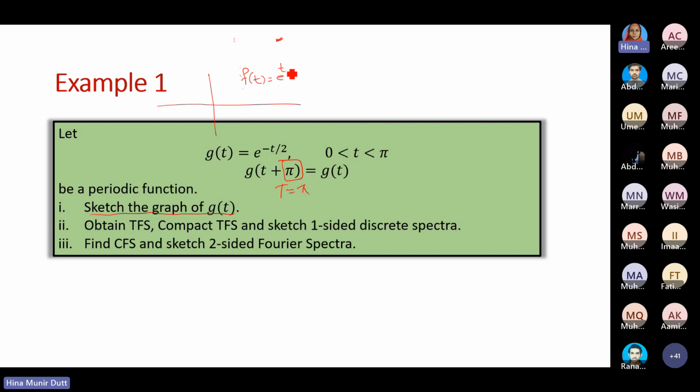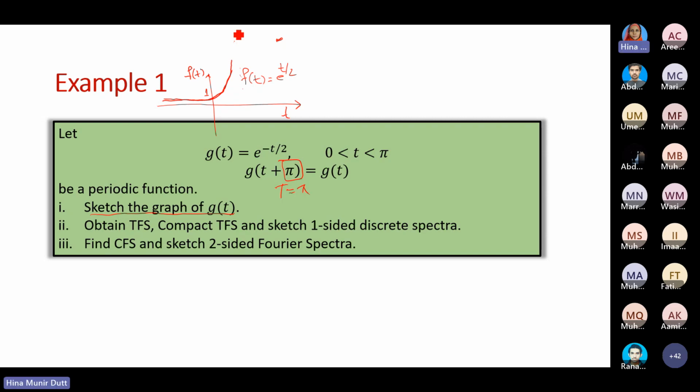If I draw simply an exponential function with this positive argument, this is my exponential function. It crosses the y-axis at this point. So this is f of t, and this is t. This is the graph of the exponential function.